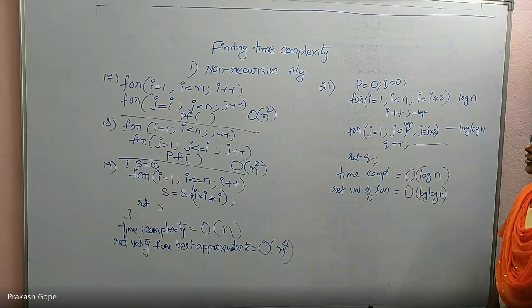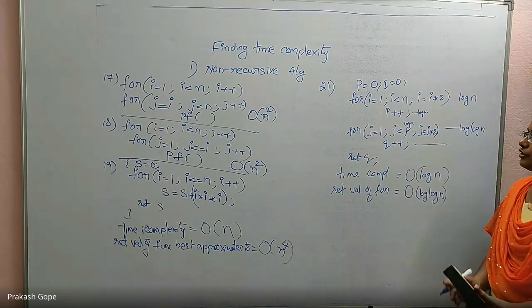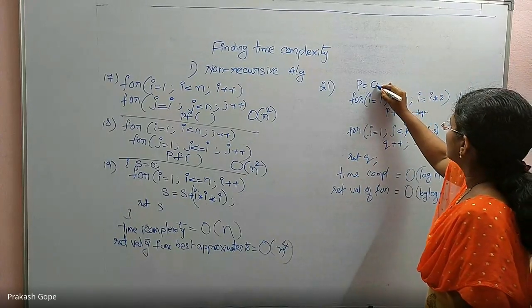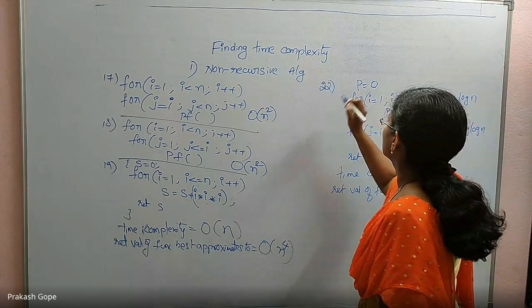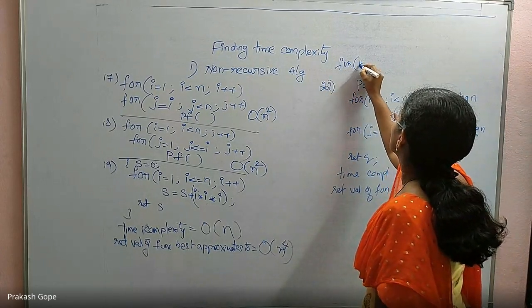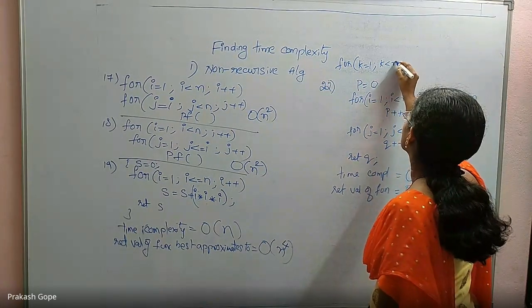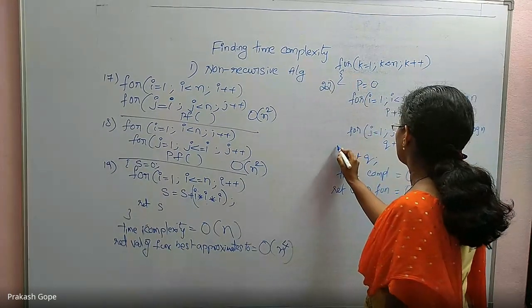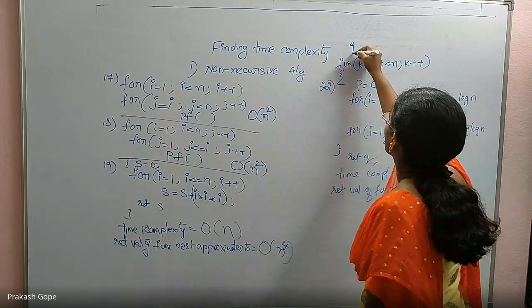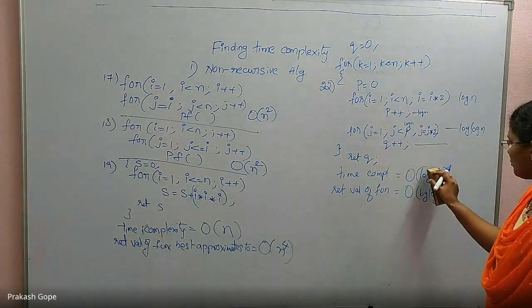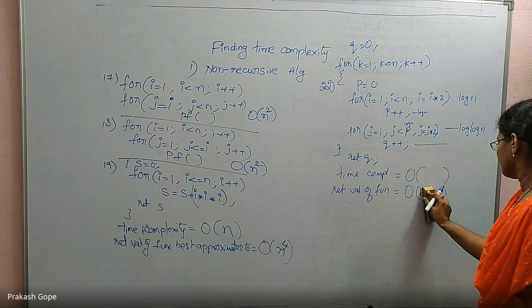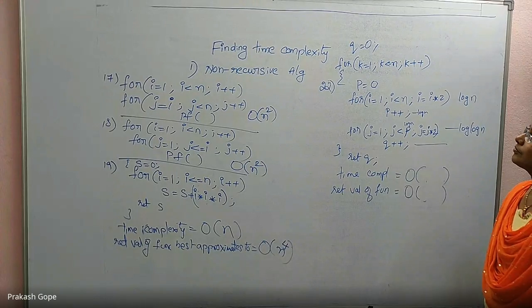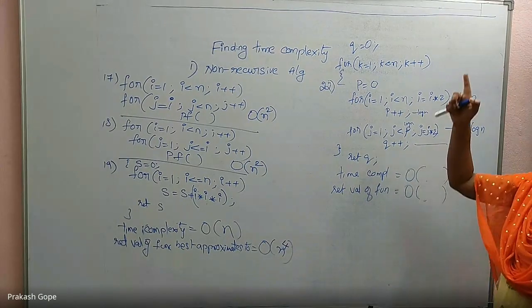I'll do a small modification for this again. Then you should tell me, what is the time complexity and return value? I am making it 0 only on the top.